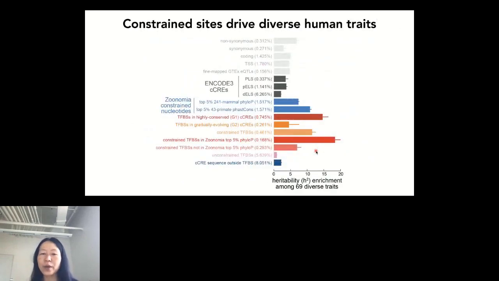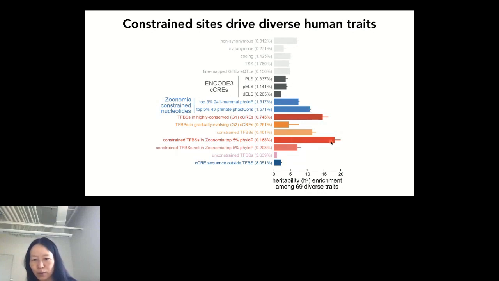Then finally, we went back to the genome-wide association studies and looked at whether the constrained sites are enriched in the human genetic variants associated with various human traits. We looked at a panel of 69 diverse traits associated with human phenotypes, and saw how different partitions of the genome are enriched in such traits. Zoonomia defined these conserved nucleotides here, and the bars indicate enrichment.